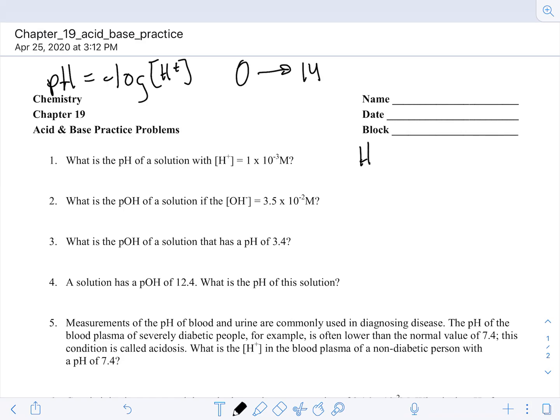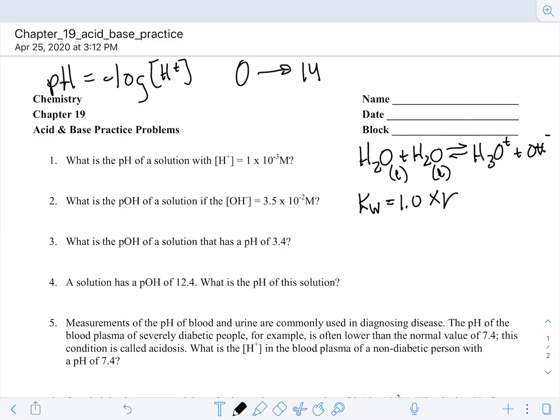Now, pure water will ionize with itself, and we end up with hydronium ion plus hydroxide ion. Now, please remember these are pure liquids, so they don't show up in the actual equilibrium constant, and we call this Kw.